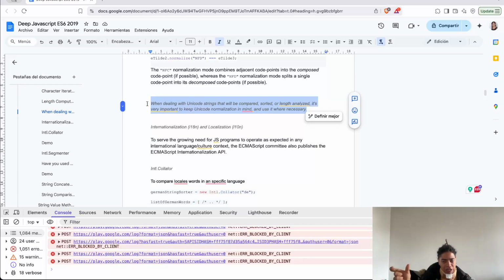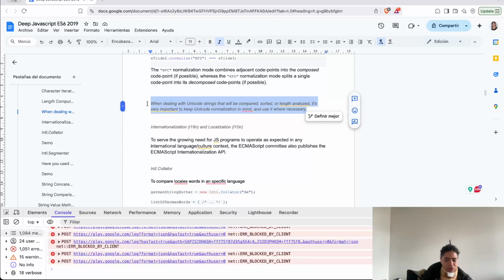Internationalization using the collator gives us a way to specify the alphabet and compare letters there using the compare function.